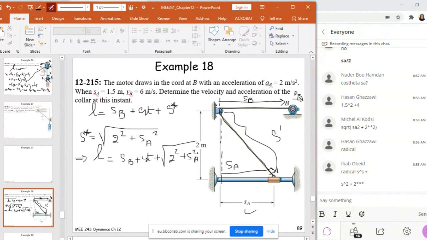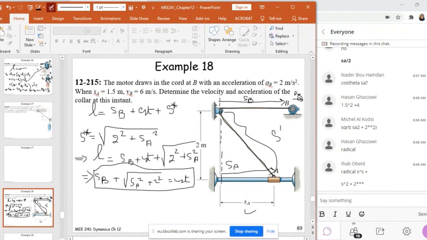All right, guys? And this means that my equation is SB plus radical SA squared plus 2 squared is equal to a constant.